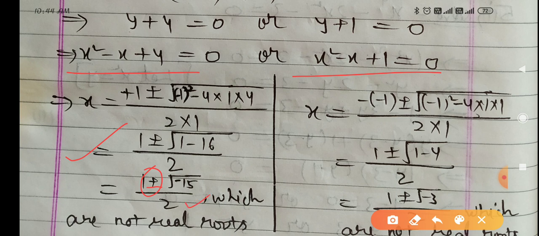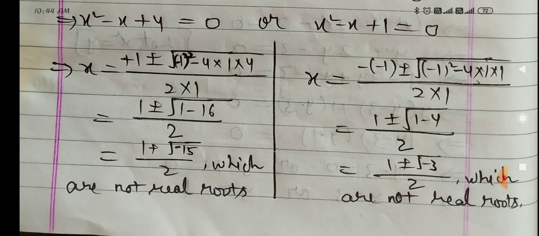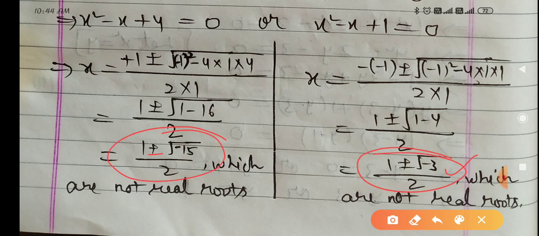And here you are getting (1 ± √−3)/2. √−15 and √−3. Just before I told you, if there is any negative number in the root, it is not a real number.